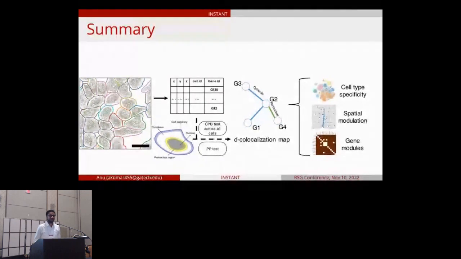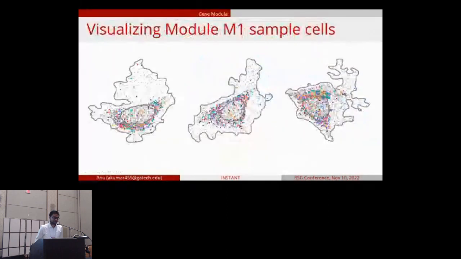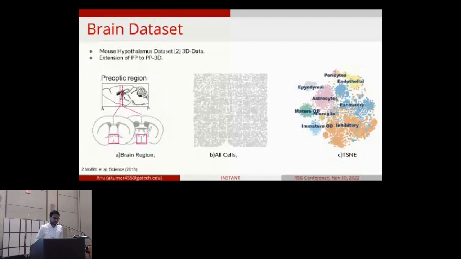Hey, thanks for a great talk. So for the hypothalamus data, presumably you don't just have nucleus and cell body, but also axons and dendrites.